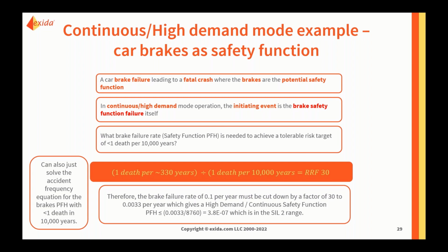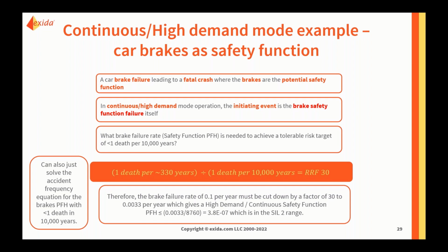So then our brake effectiveness is what we're going to look to improve in order to manage our risk down to a tolerable level. And let's say, for sake of argument, in the third box down, that our tolerable risk target is 1 death per 10,000 years. Well, we have 1 death in 330 years, so we find that we are out by a factor of 30 in all of this. So we need to improve our situation by a factor of 30.